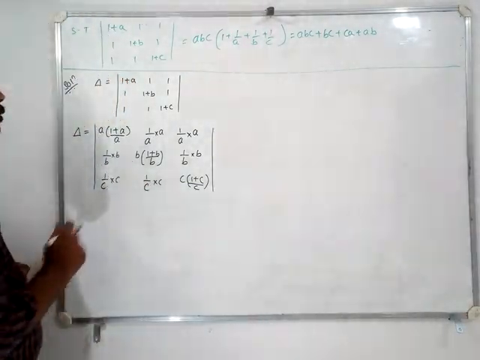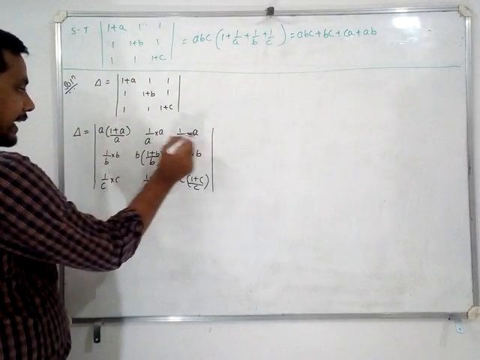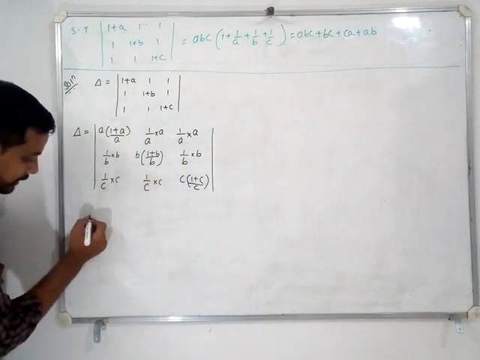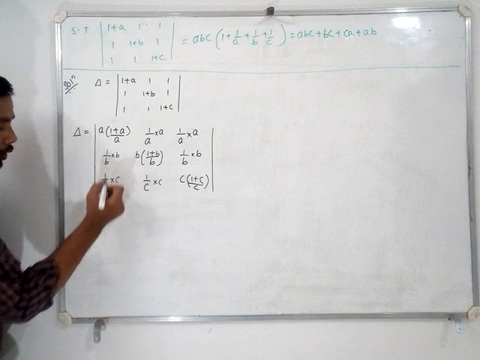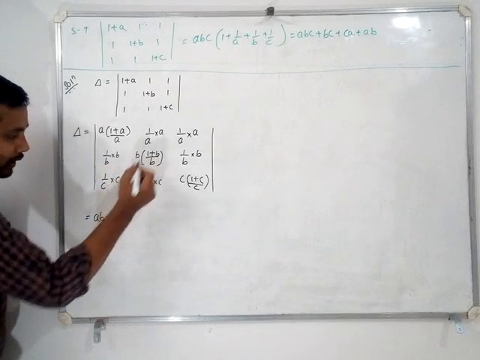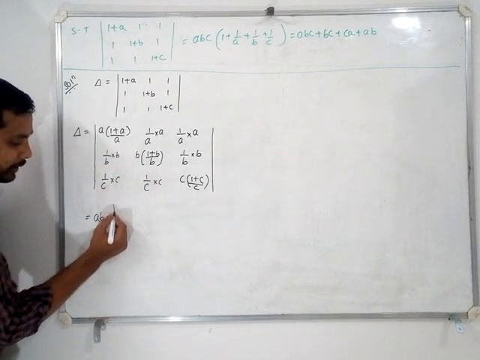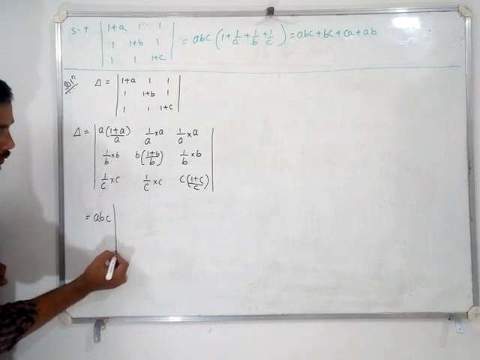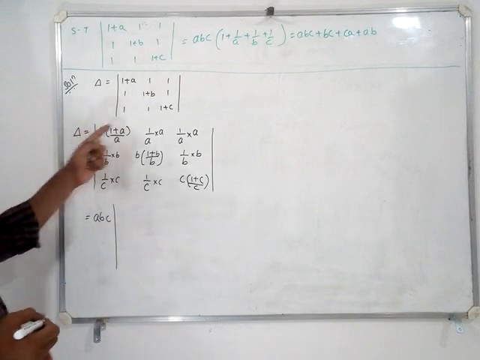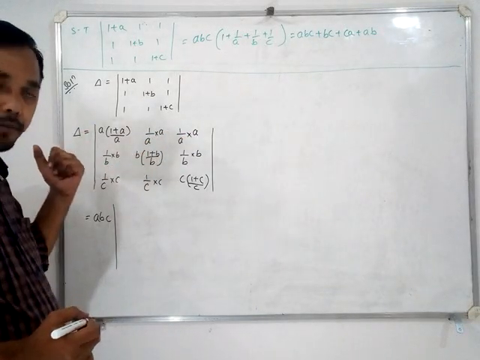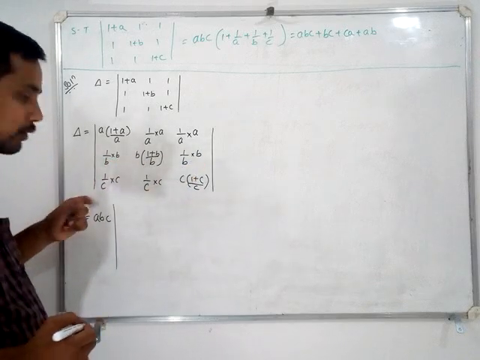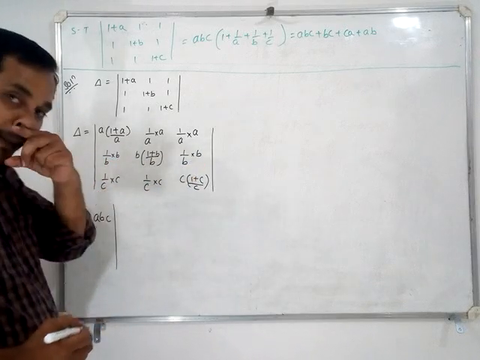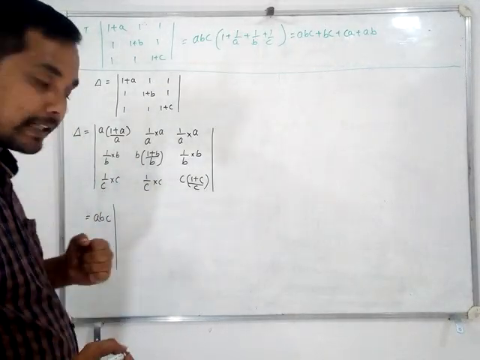So now I am having A and A, and I will take it outside. A from the first row, B from the second row, and C from the third row. A and A I have taken outside from the first row, B and B from the second row, and C and C from the third row.